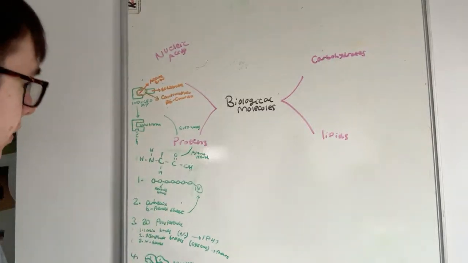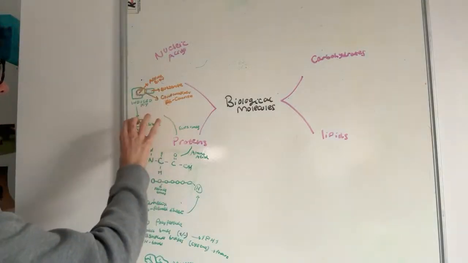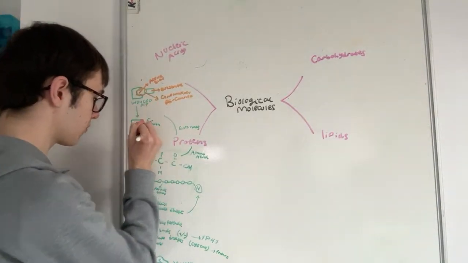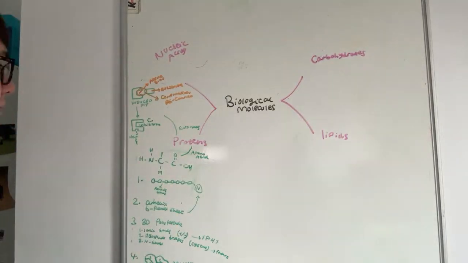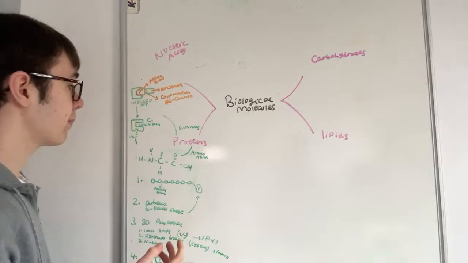There are two different types of enzyme inhibitors: competitive and non-competitive. Competitive inhibition is where it has a similar shape.